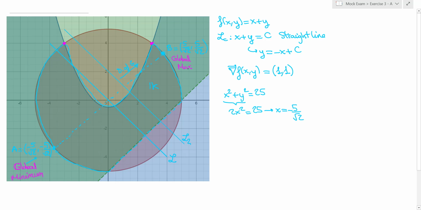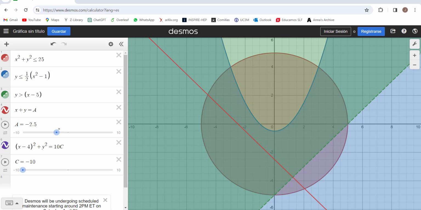So the idea is that the level curves go from the lowest to the highest value following this direction. It is possible to see the way that the level curves sweep the region in this animation. You can see that the level curves come here. These are the level curves of x plus y, which is the function of interest.